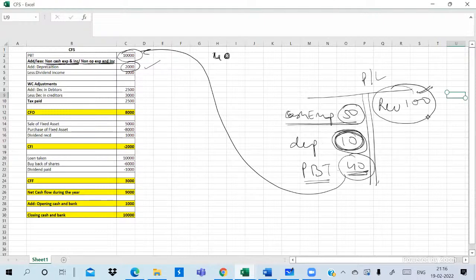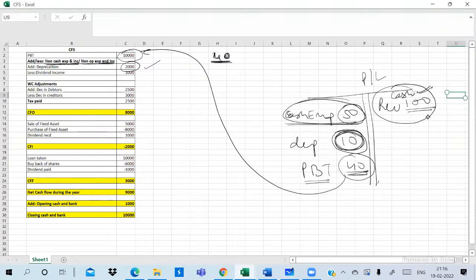Now, can I say that this 40 rupees is the amount of cash that I have in my pocket? The answer is no. Let's say this is cash revenue. So you sold your goods for 100 rupees. You've spent 50 rupees, which means you still have 50 rupees in your pocket. But my starting point is 40. So how do I move from 40 to 50?